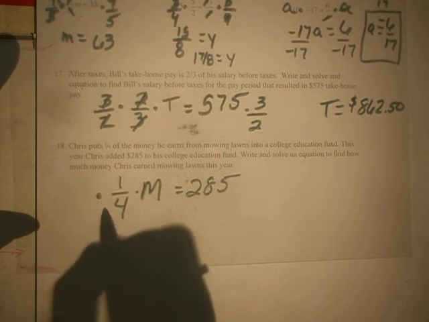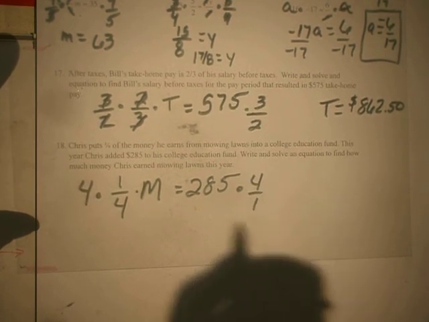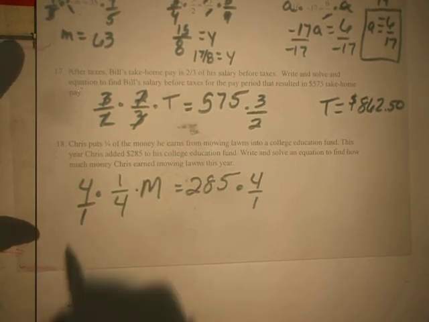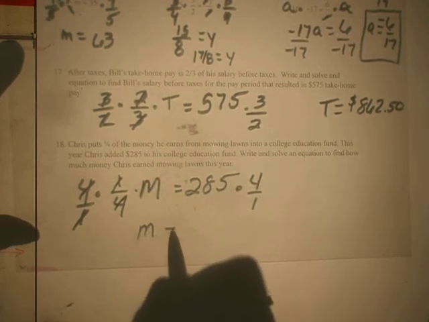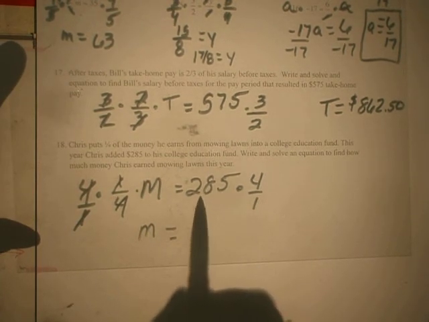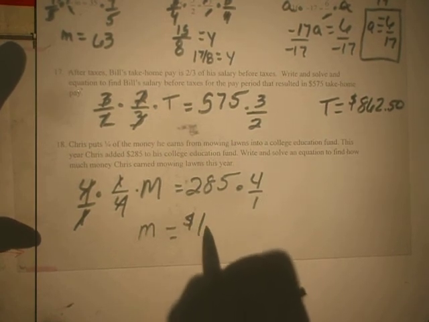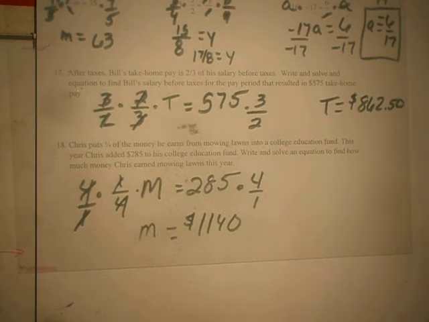To get rid of this 1/4, you are going to multiply by the reciprocal, which is either 4 or 4/1. These all cancel nicely. And on your calculators, 285 times 4 is $1,140. So Chris made $1,140 mowing lawns this year.